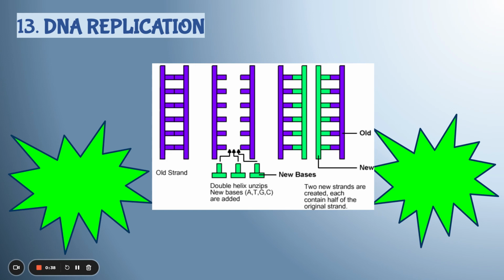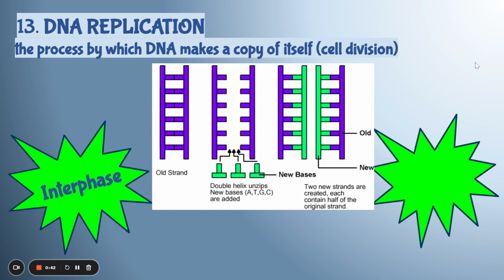So the who, what, when, where, and why of this is, it's going to occur in interphase, in that period of interphase, the S phase, after the cell has grown. Then it's time to divide the DNA to prepare to make a new cell. And where it's going to occur is in the nucleus of eukaryotic cells like yours and mine.